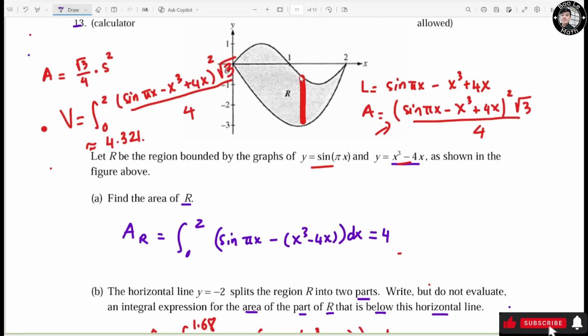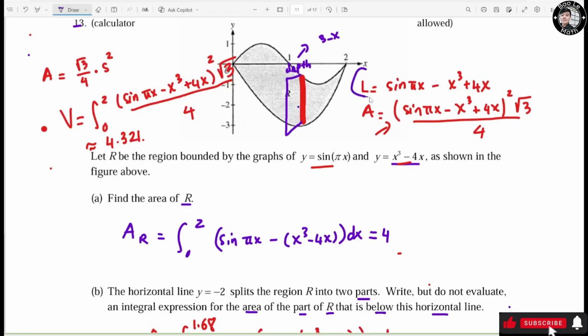Alright, so let's sketch the rectangle. It's going to be like this. Alright, so this is the depth, right? The depth equals 3 minus x, right? And the length is the difference between this guy and this guy, right? So basically, the cross section is the rectangle.